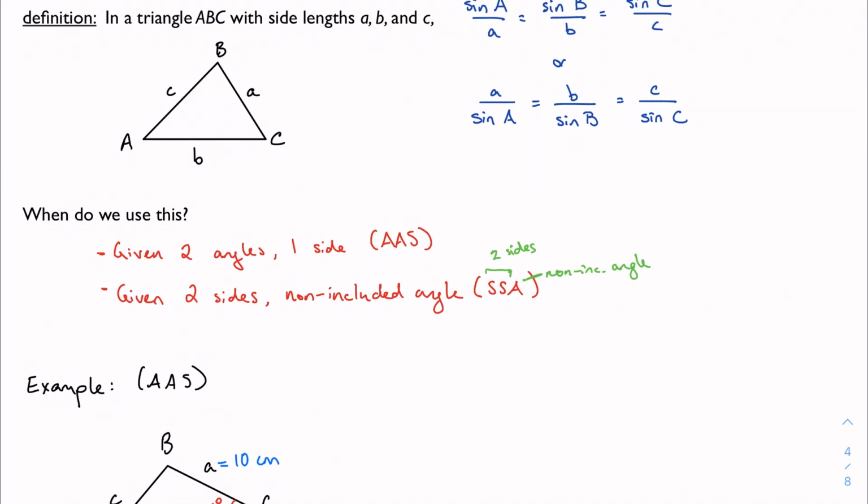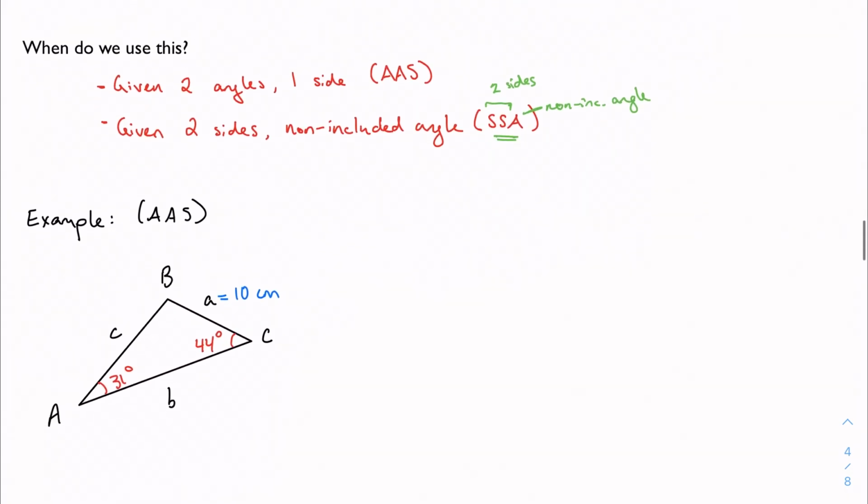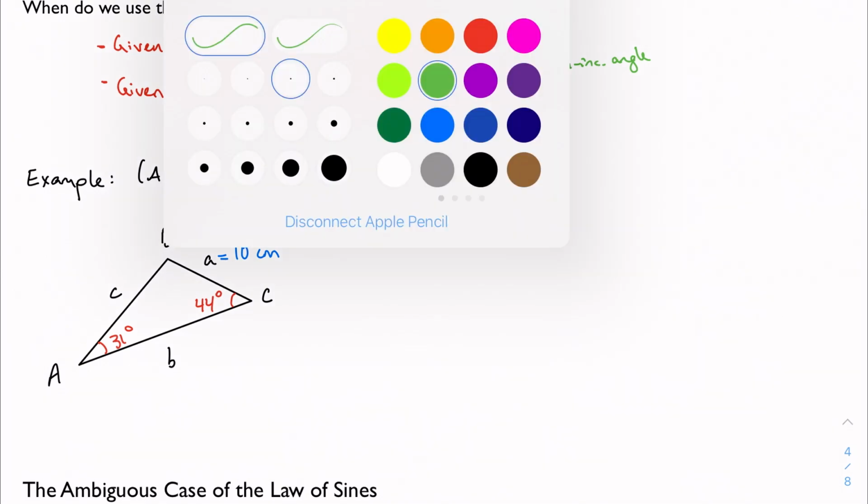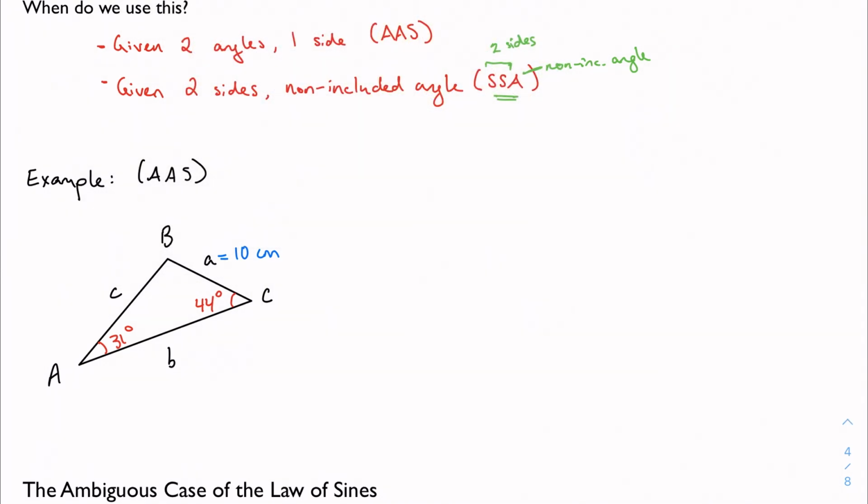This SSA case I'm going to come back to later because it's actually a very specific or important case in trig. But if I wanted to start using my law of sines with an example, I would look right here. So here's my angle-angle-side case where I have two angles, A and C, and one side, 10 centimeters, little a. If I want to think about attacking this triangle, learning how to solve these angles, I want to do this as efficiently as possible.